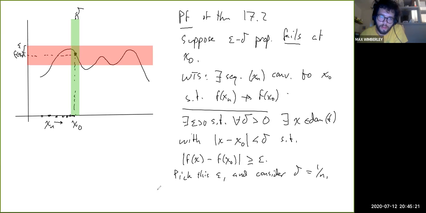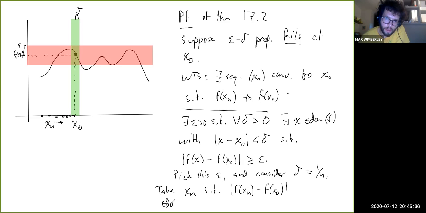So take xn in the domain of f with absolute value of xn minus x naught less than 1 over n, such that the absolute value of f of xn minus f of x naught is greater than or equal to epsilon. We're taking delta equals 1 over n, so we can pick within the radius 1 over n a value xn such that this holds. That's exactly what this is saying over here.